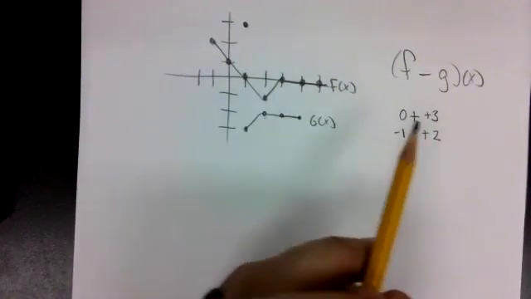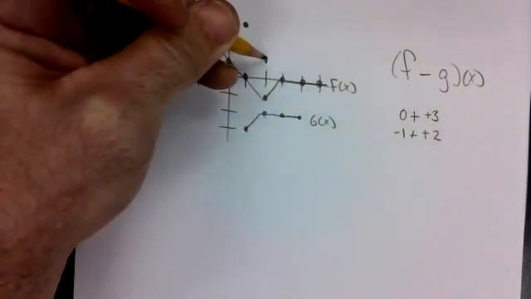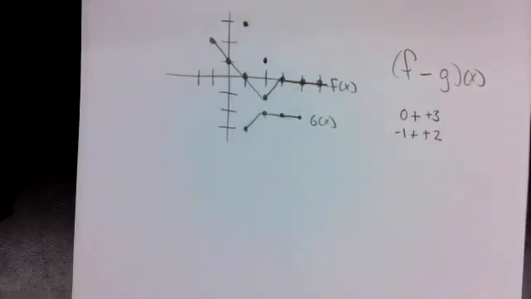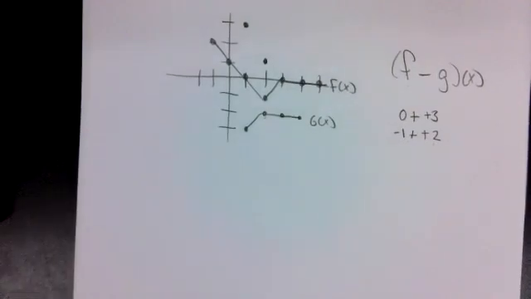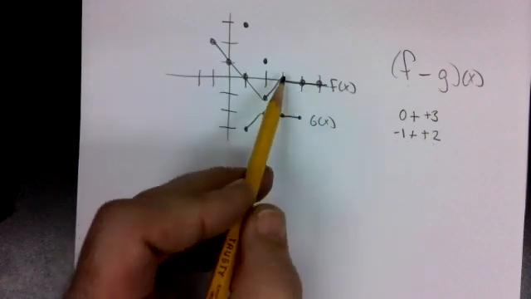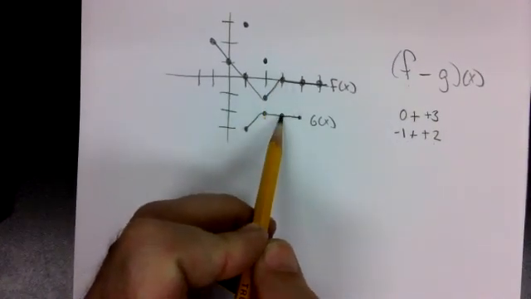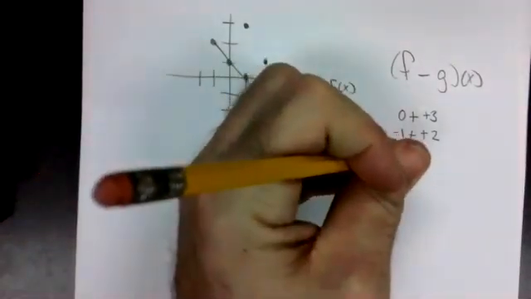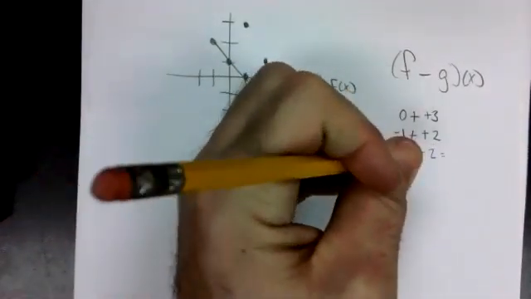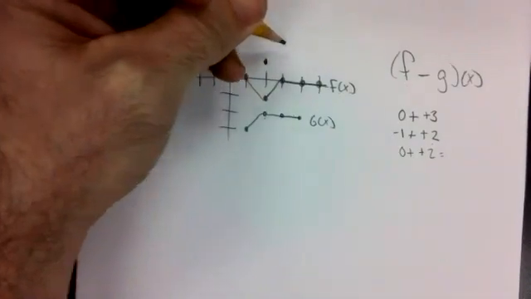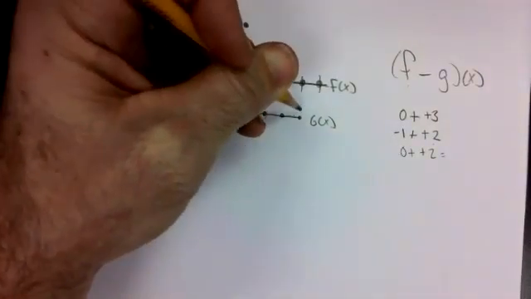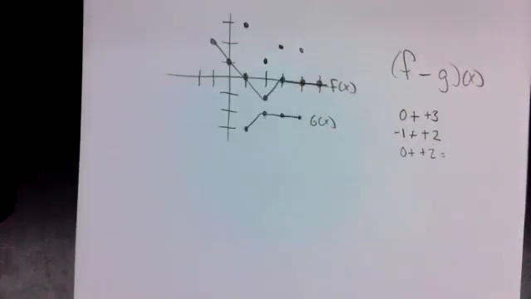So -1 plus 2 is 1. And these next two end up being the same thing. So I've got a y value of 0 minus a y value of -2. 0 minus -2 is still going to be 2.